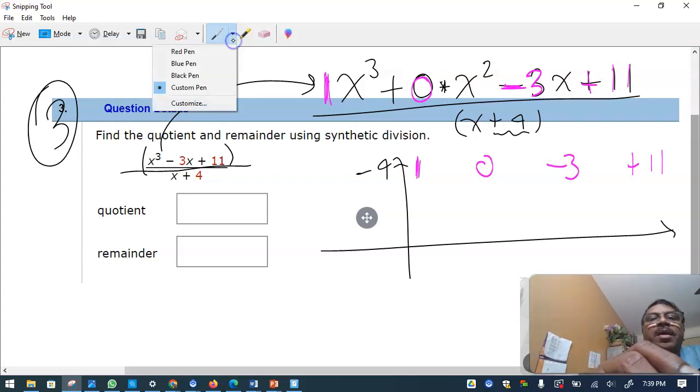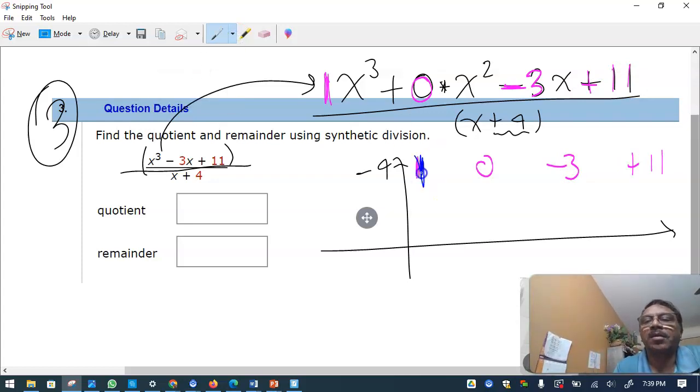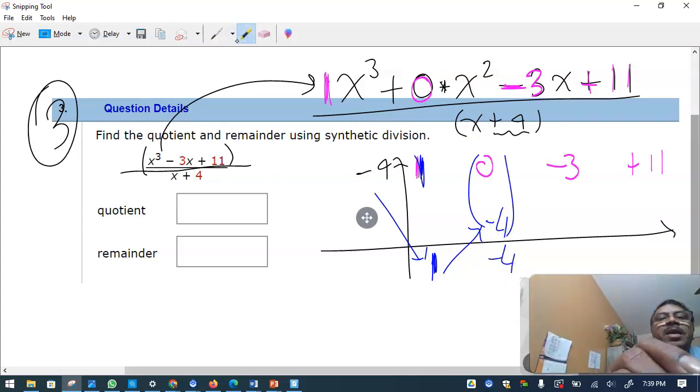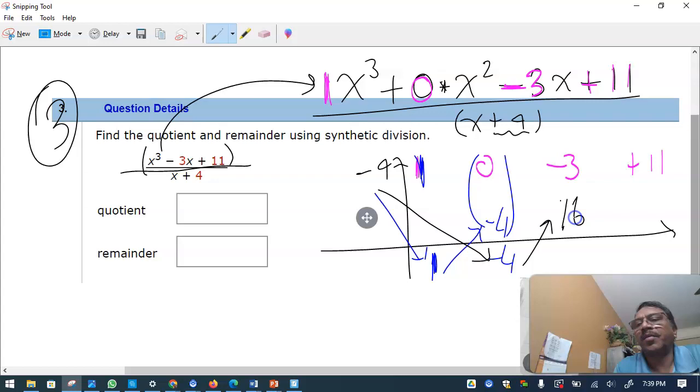Drop down the first one. So this one goes right down. Then multiply -4 by 1, and you write it below the 0, which is -4. Combine this and you get -4. So you're done with that. So let's multiply this one, -4 times -4 is positive 16, and this will give you 13.